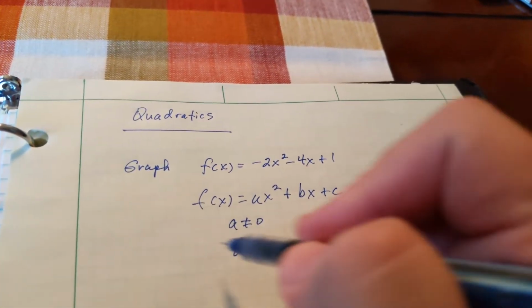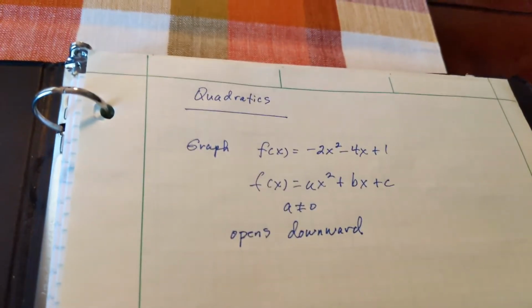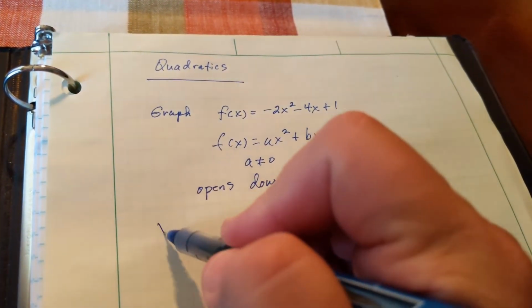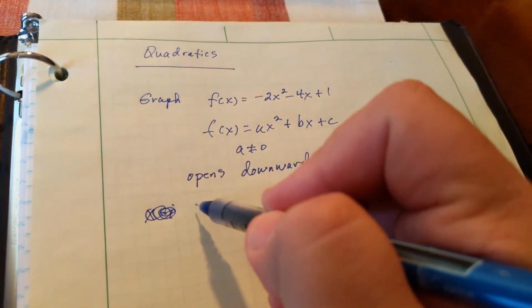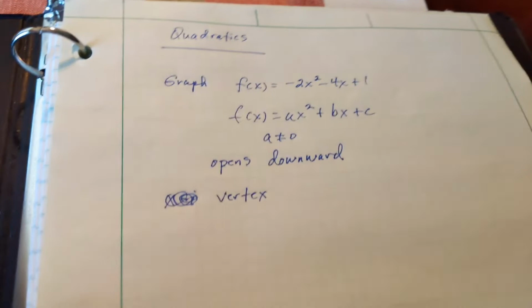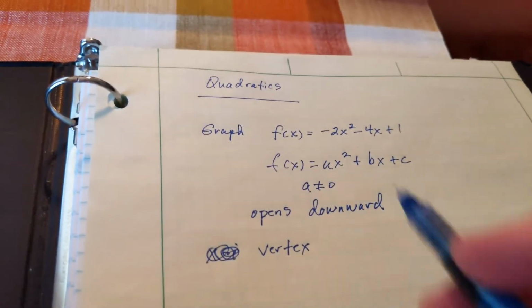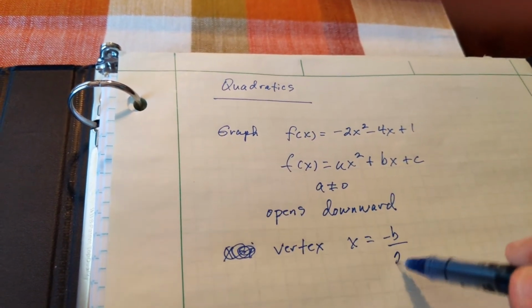So it opens downward, so we'll determine that. And then to find the x-intercept, or excuse me, the vertex. So to find the vertex, what we're going to do is use this x equals -b over 2a.